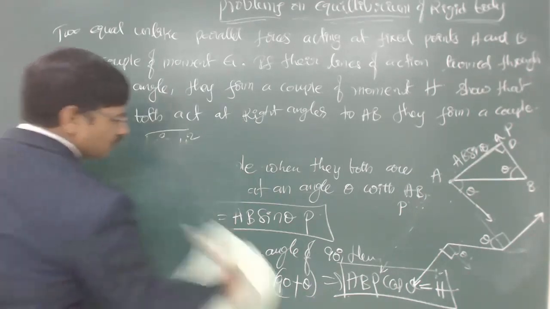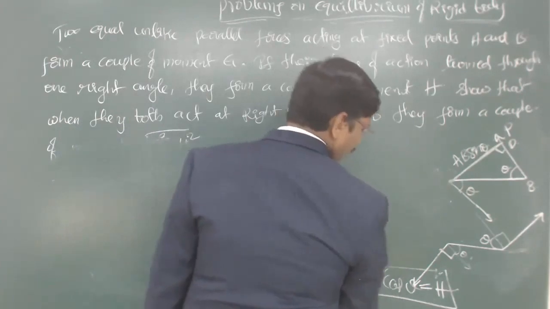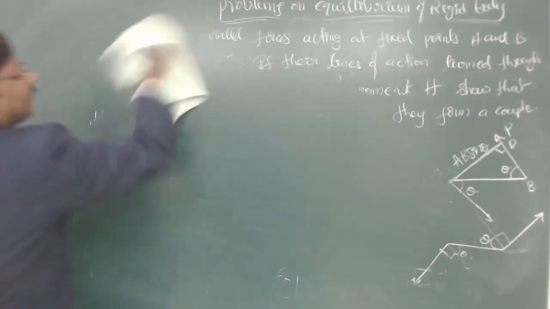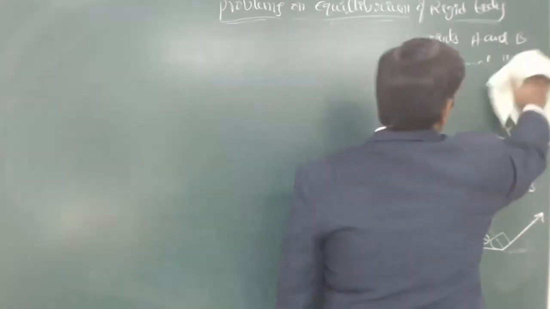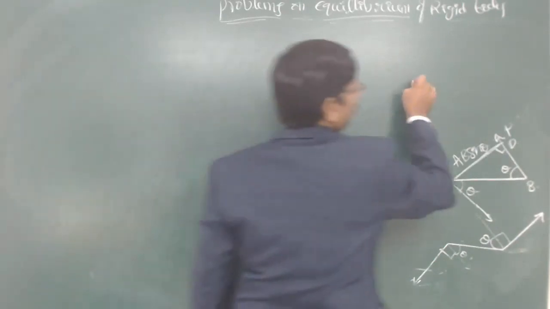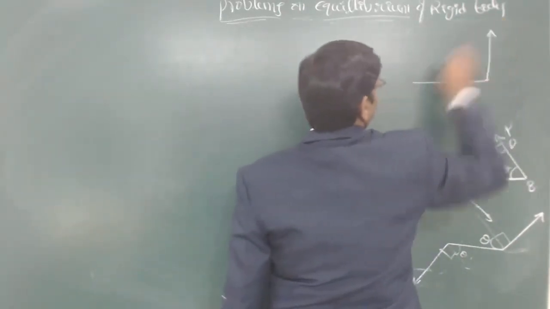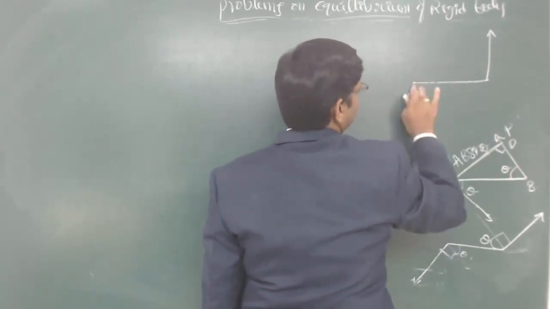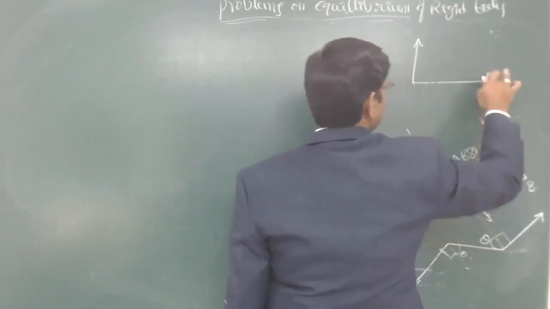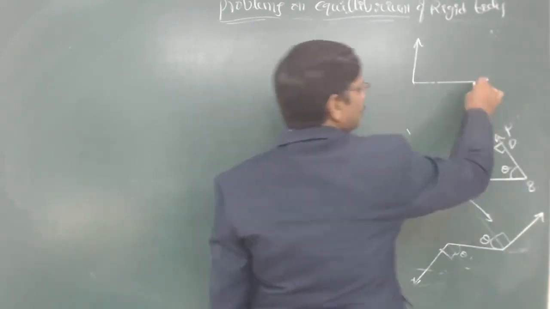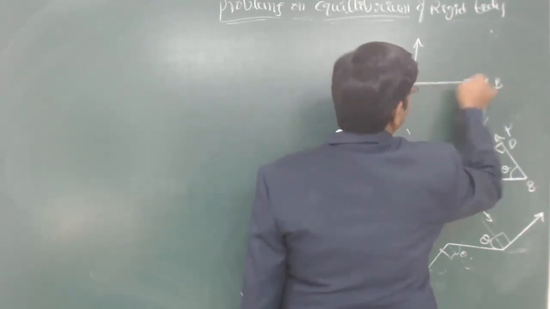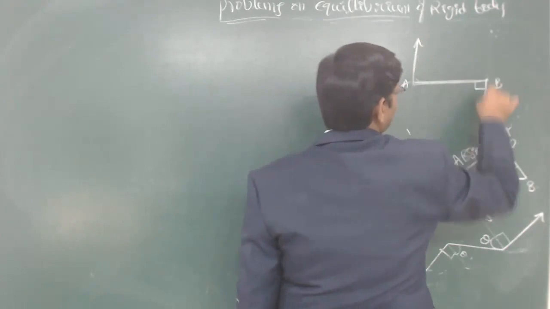Now the new couple, when both are acting at an angle of 90 degrees to AB, will be directly the multiplication of AB with P, because both are acting at 90 degrees to AB. So this is the third case. Or else you draw this to the top and this to the bottom, anything should be fine. So when it is 90 degrees, the perpendicular distance is straight away AB. This is the perpendicular distance between these two parallel lines.